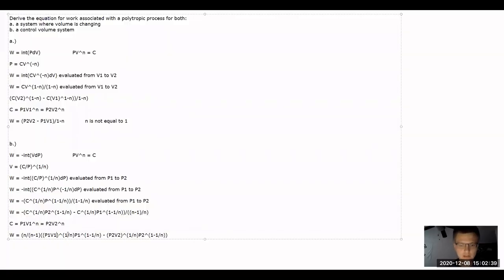And I've now realized that I left off that V1 and V2 are supposed to be raised to the n in these constant expressions. For n greater than 1, the pressure at point 2 will always be less than the pressure at point 1, and V2 will always be greater than V1. This means that we'll have positive work because the quantity n minus 1 in the denominator will always be greater than 0, and P1 V1 minus P2 V2 will always be greater than 0 because we are expanding our gas.